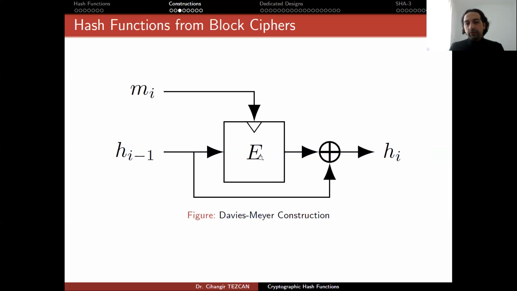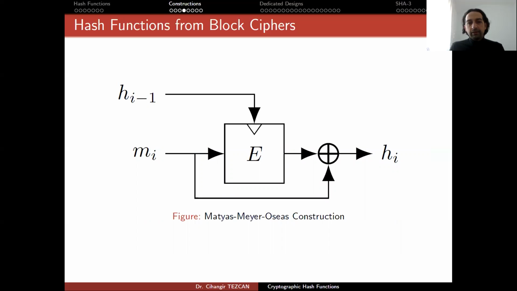And for instance, if this is AES, the block size is 128 bits, so your message digest will have 128 bits. So this is one way of constructing a hash function from a block cipher. So let's make a small trick on the picture.